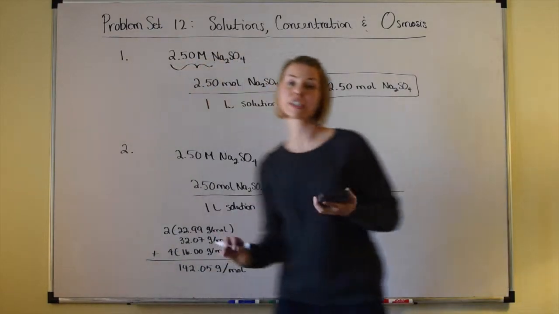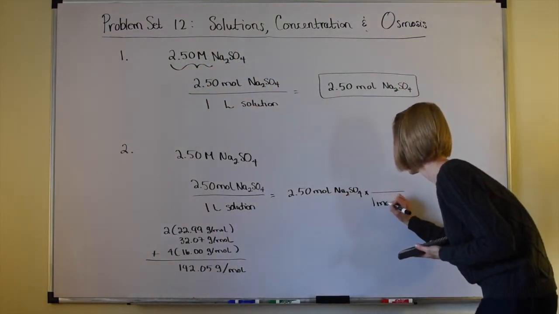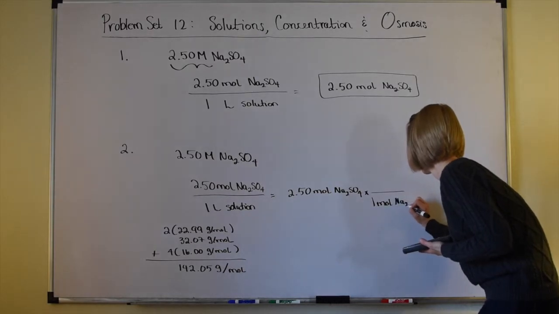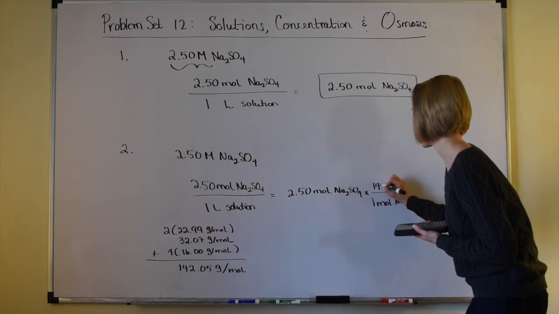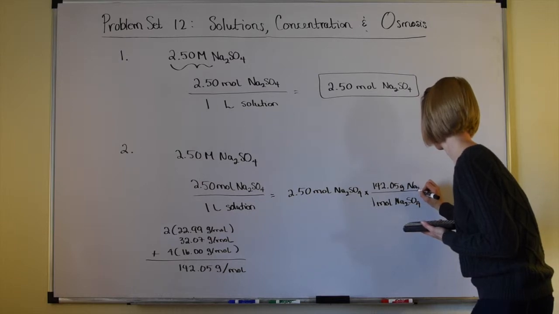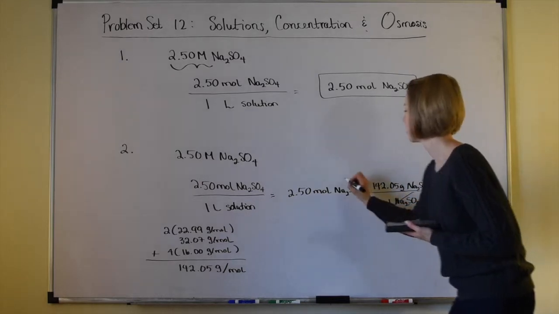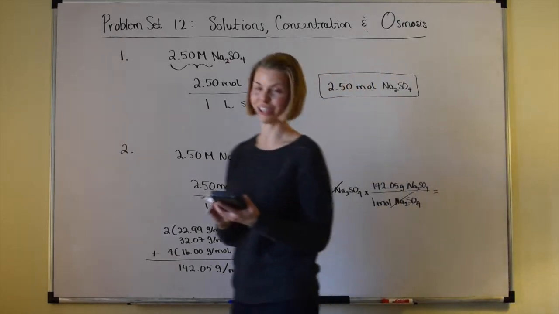So I need to set this up so that my moles will cancel. So I'm going to put the 1 mole on the bottom, but my grams will not. So I'm going to put my grams on the top. The stoichiometry lesson from several tutorials ago is coming back to haunt you here.